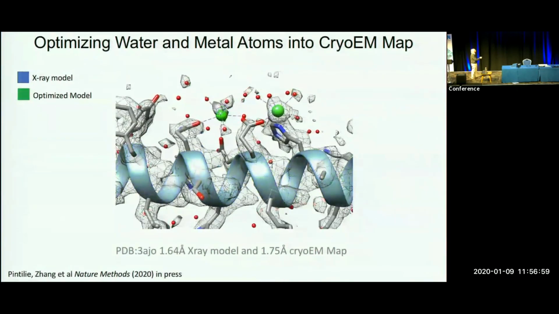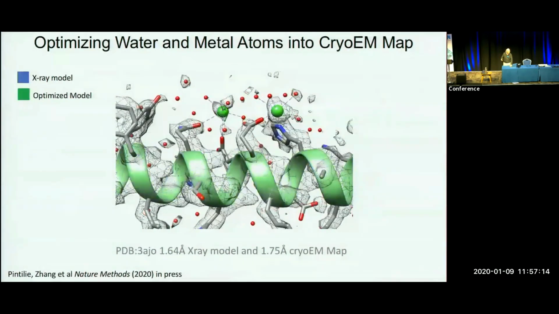After we refine the model better, because fitting the X-ray model is not necessarily the correct way in the EM map, the Q factor actually improved after we fit the map better.